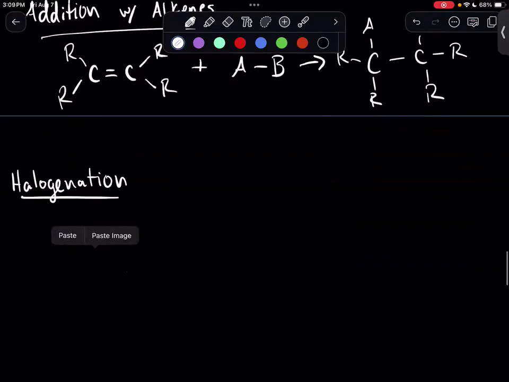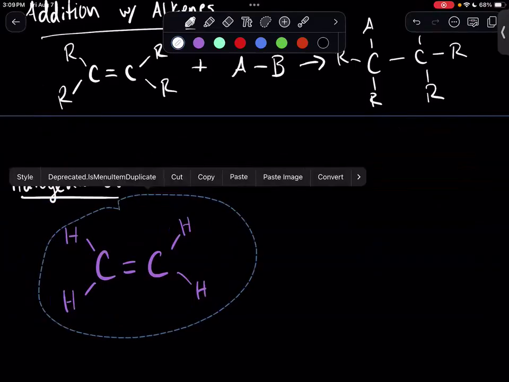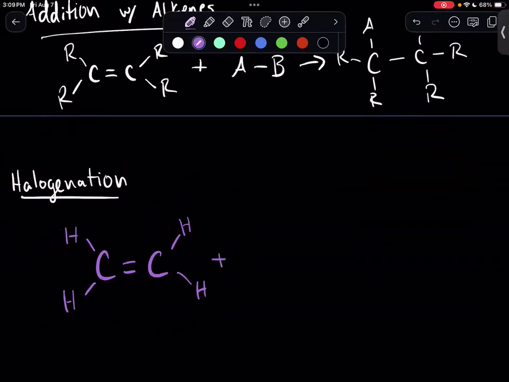Halogenation is exactly what it sounds like. We're going to once again bring back our ethane, and we're going to add to it some halogens. So for instance, we'll take bromine.